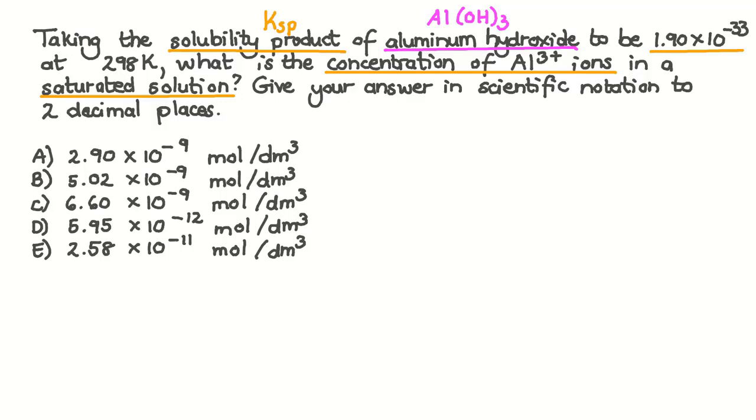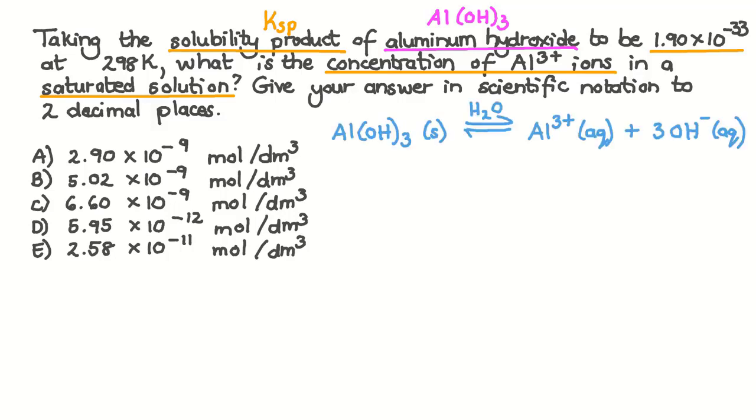Now, aluminum hydroxide is sparingly soluble. It only partially dissolves in water to give Al3+ ions and OH- or hydroxide ions, according to this balanced equation. We are told that the solution is saturated, so we know that it is at equilibrium. We can write the KSP expression for this sparingly soluble salt.